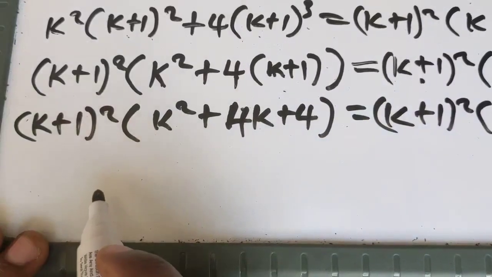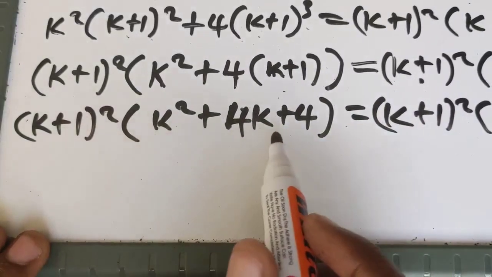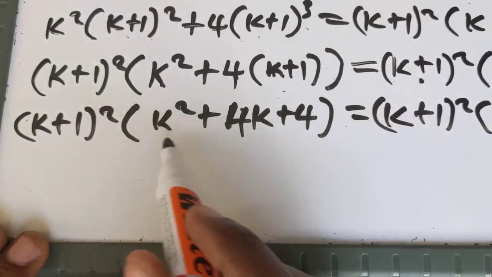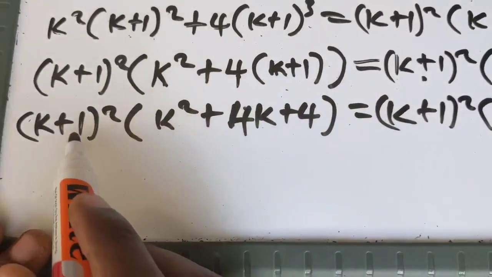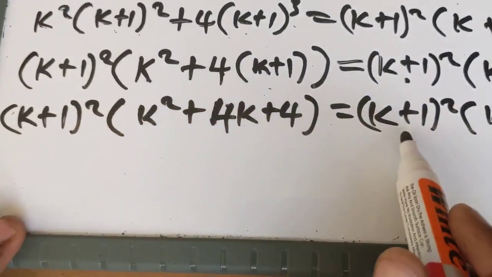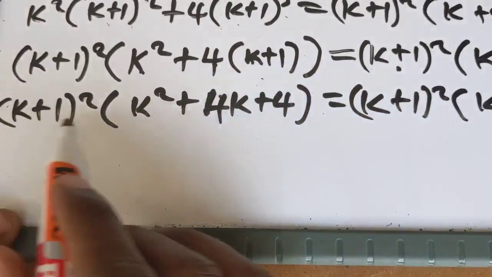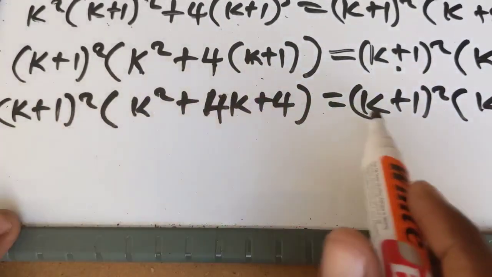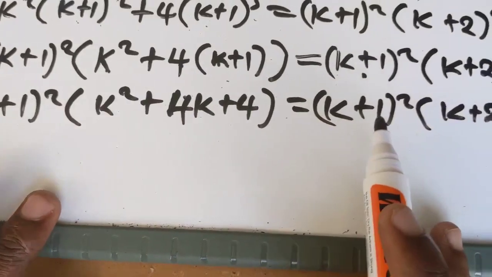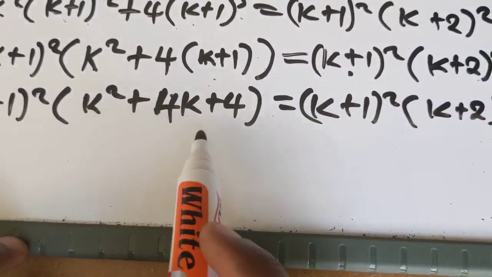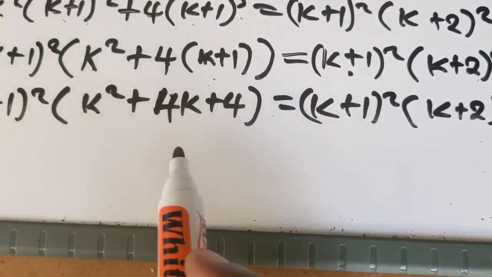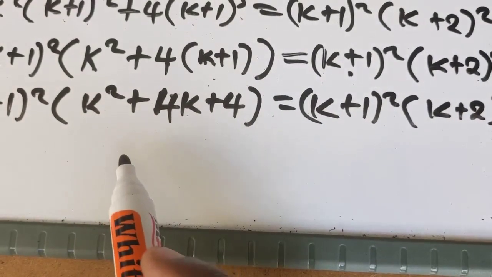From here now, we know that this is a quadratic equation. Since this part is just the same as this part, we don't need to tamper with it. What we are going to tamper with is this part here, where you find the product, the sum, and the factors.